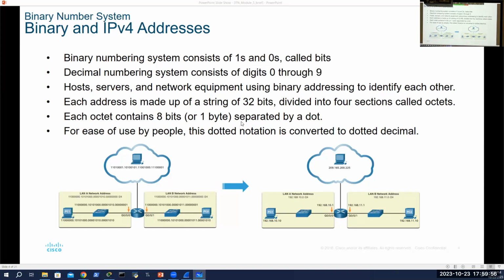We don't typically have to take the entire 32 bits and convert it into binary for the purpose of subnetting. Generally speaking, you only need to convert the parts of the IP address that are part of the subnetting problem. Usually the first octet is never subnetted, so you don't need to convert it to binary.